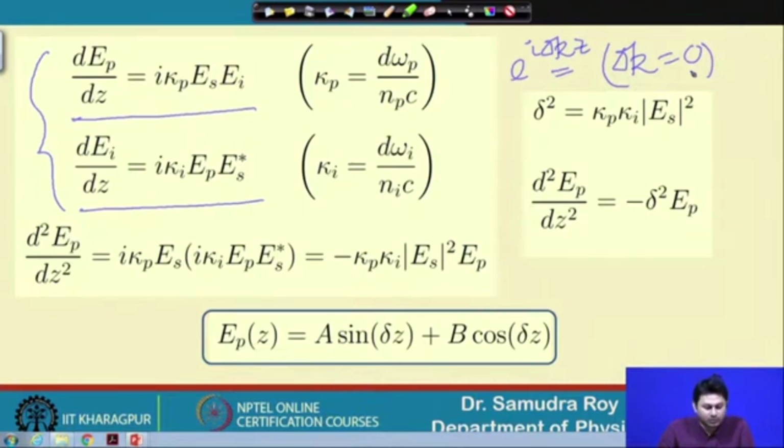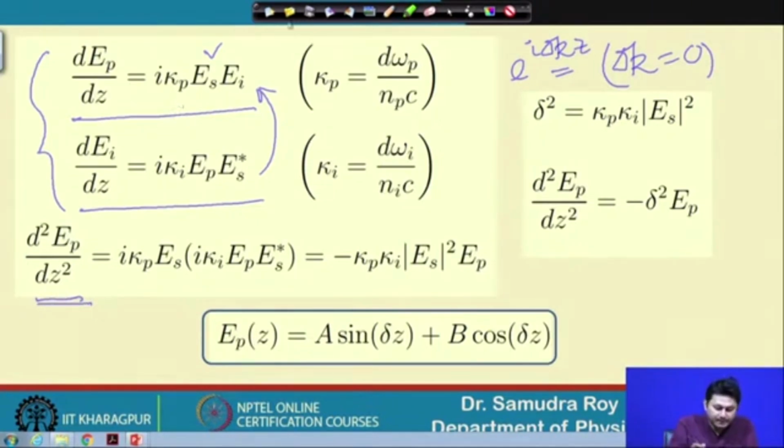So, what we need to do to solve this equation when E_s is constant is replace E_i from this equation, and in order to replace E_i, we need to make a derivative of this quantity. If we make the derivative of the first equation once again, then we have a second order derivative d squared E_p by d z squared.